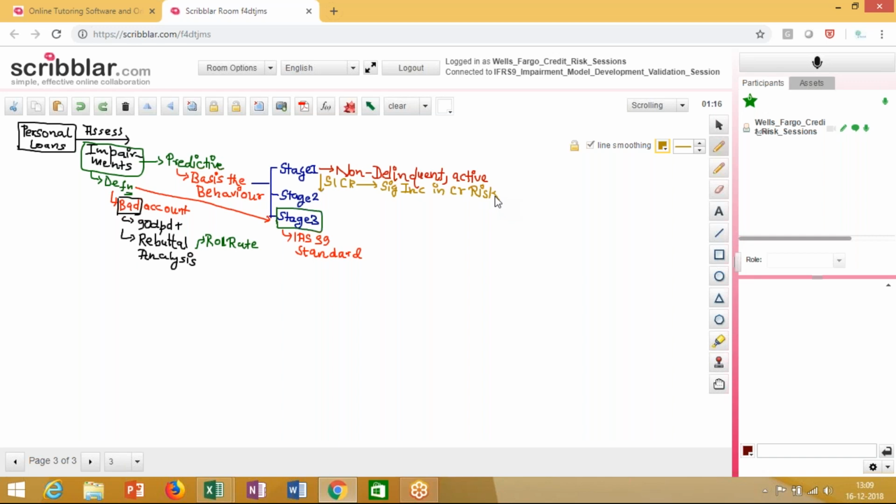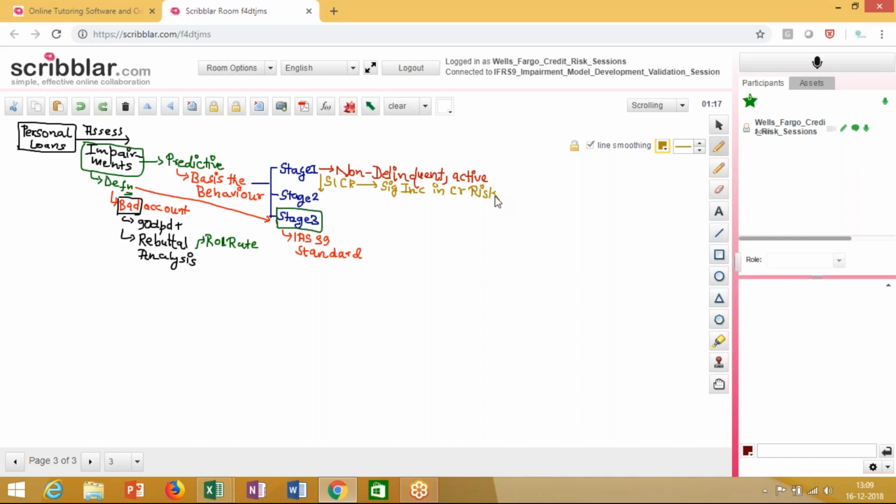Now the staging is being done at an account level. So if there are 1,000 accounts which have been taken on the books of the bank, then basis their payment and their monitoring, if I see the repayment of a particular account has gone down, then it's moved to the next stage. So significant increase in credit risk per se happens due to account level factors.